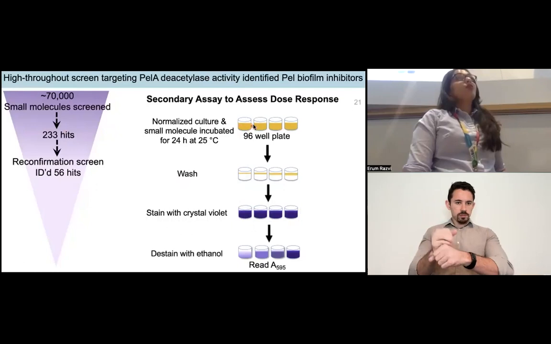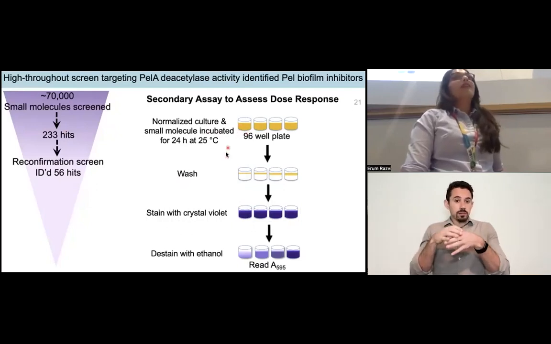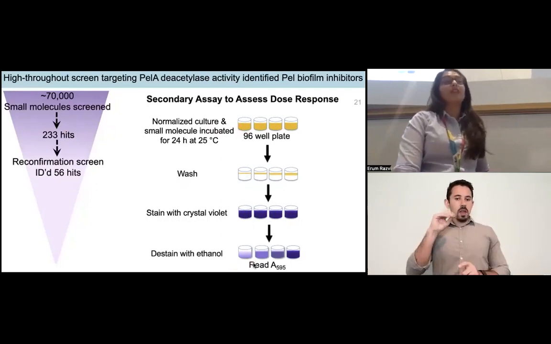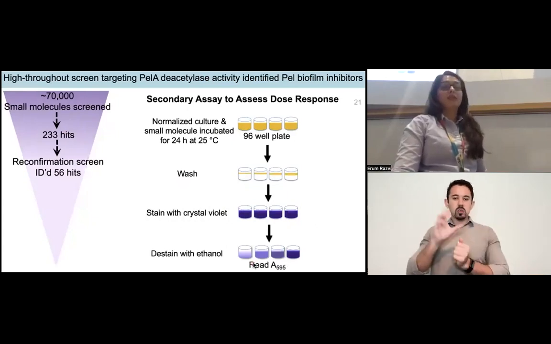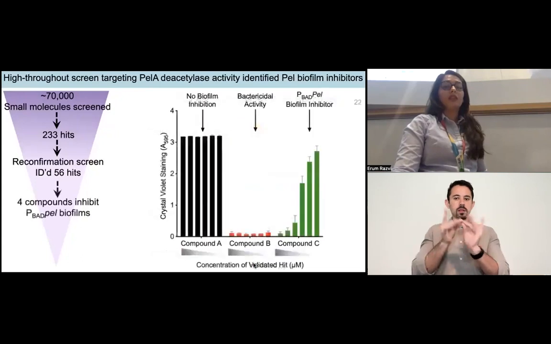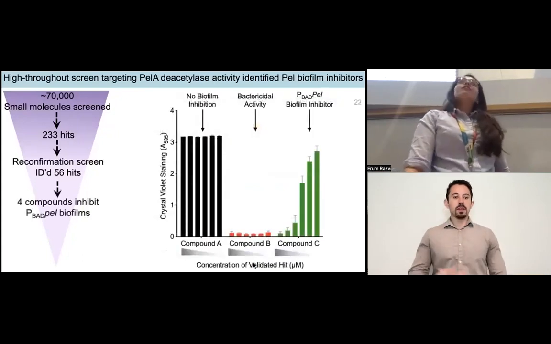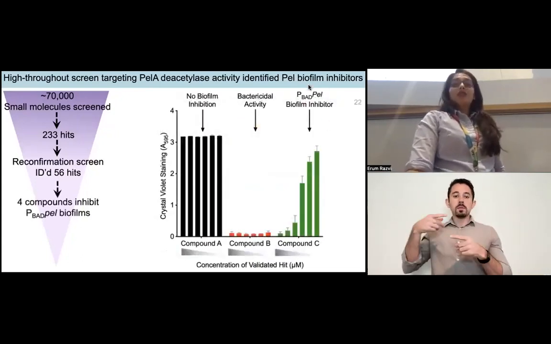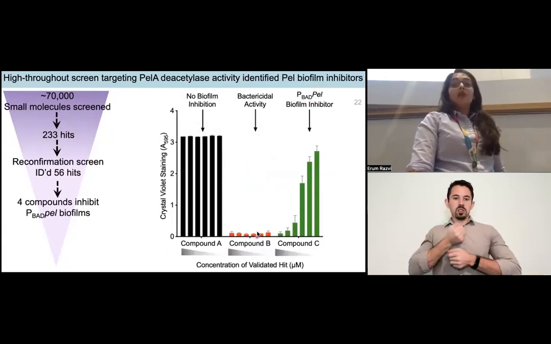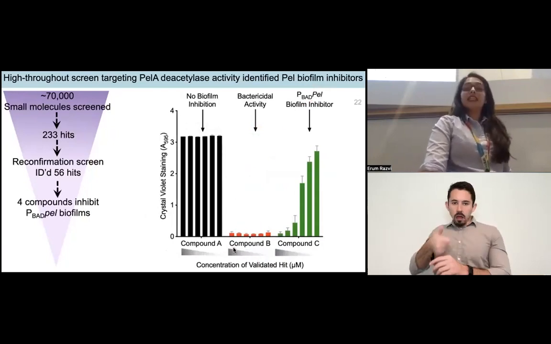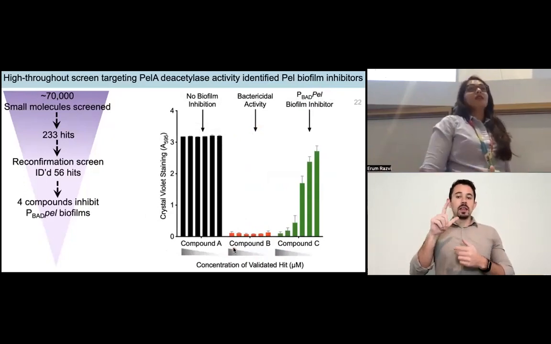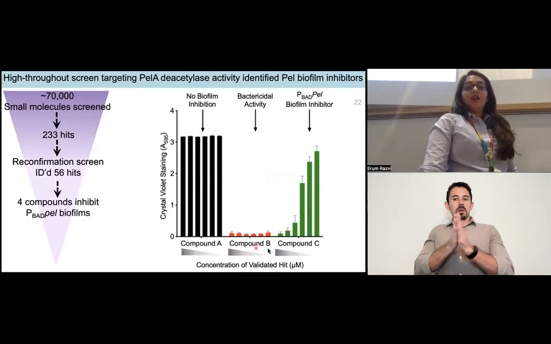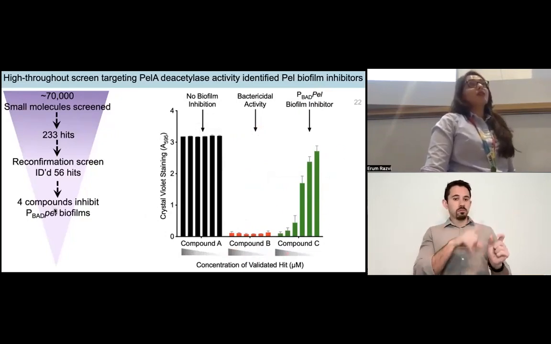Pseudomonas cultures were grown with a hit compound overnight and then subsequently stained with crystal violet to quantify adherent biomass. I performed this assay using the PBAD Pel overexpression strain and omitted any compounds that had bactericidal activity, as these would be acting off target by killing the cells. We discovered 4 compounds able to inhibit PBAD Pel biofilms.